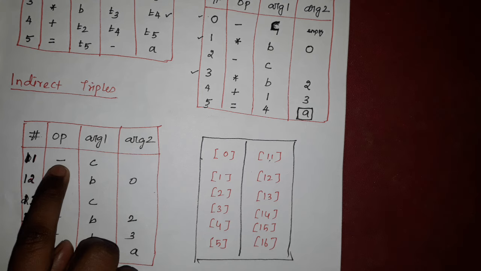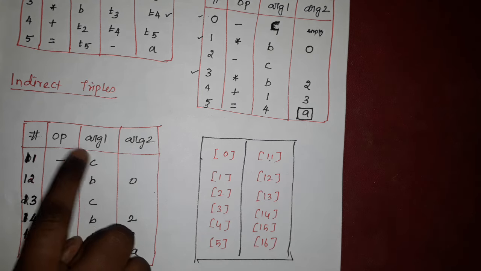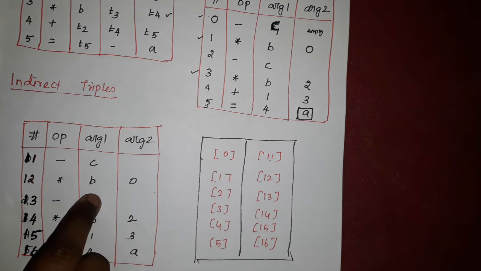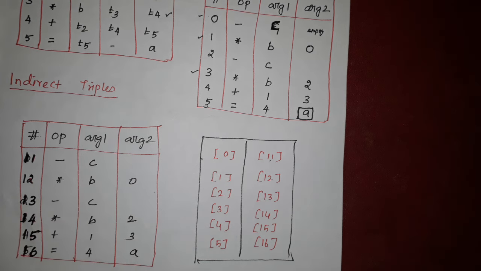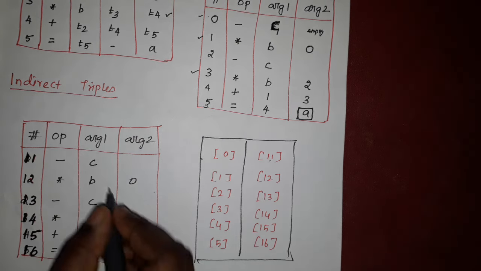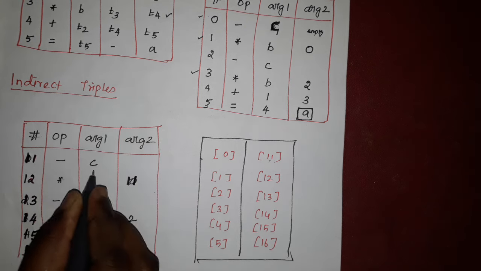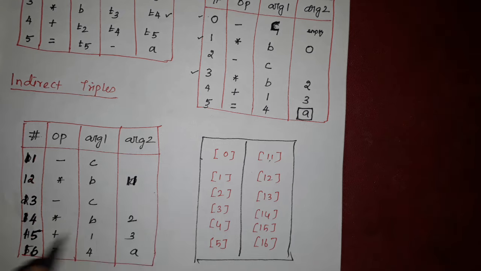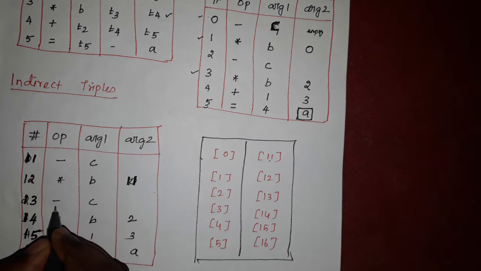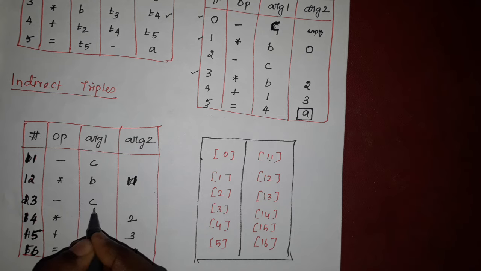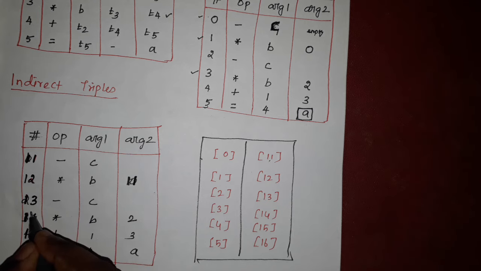Similarly, we do the same steps as in triple. First the operator is minus and argument 1 is c. It can be stored in index value 11. Then the operator is star, argument 1 is b, and the result is stored in 11, because minus c is stored in 11. Then the operator is minus and argument 1 is c, stored in index value 13.